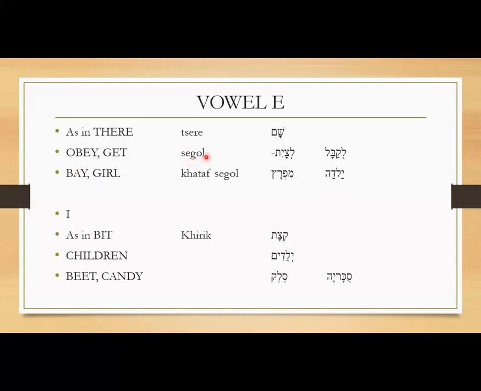Obey. We use a segol, and it is le tsayit. Le tsayit. And to get is le kaval, le kabal, is to get.